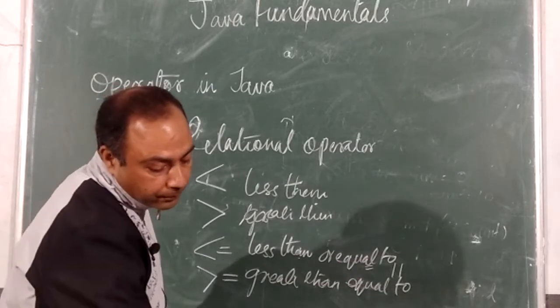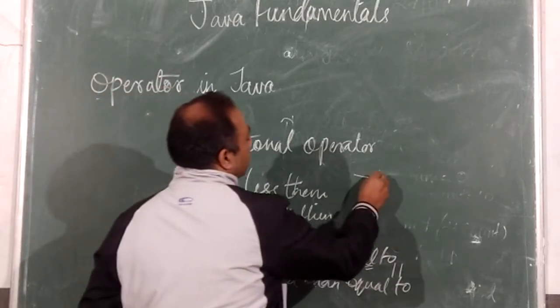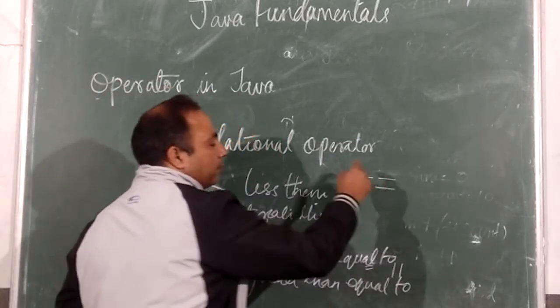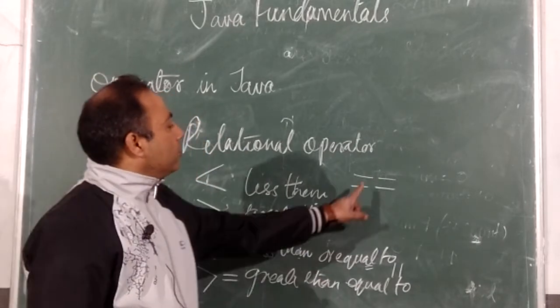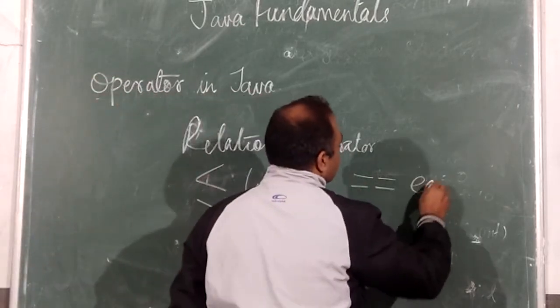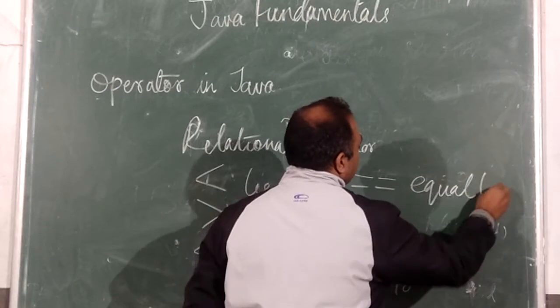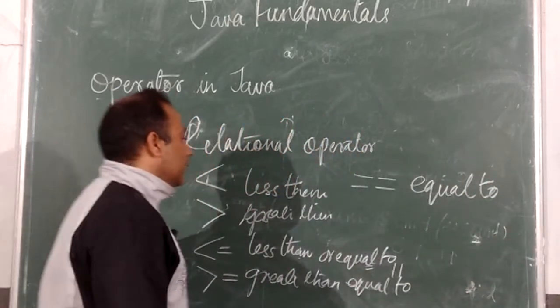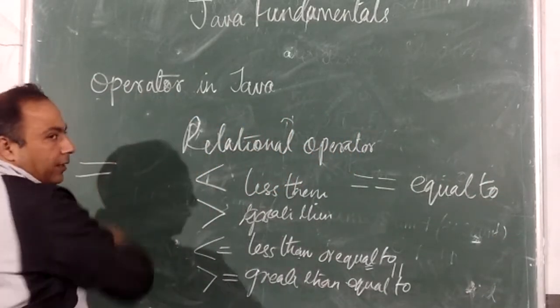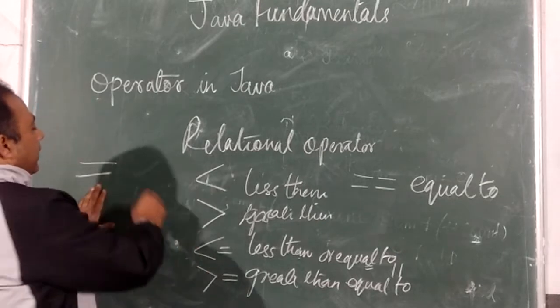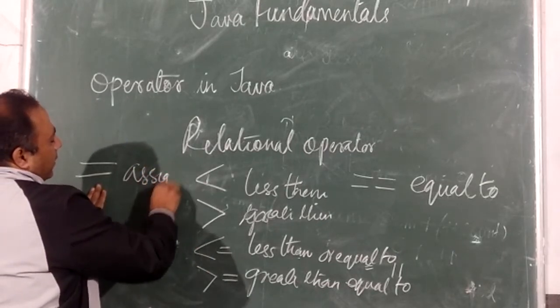Now the next one is equals to. Here we need to see that equals to consists of 2 equals signs. Whereas if we use a single equals sign, it means the assignment operator.